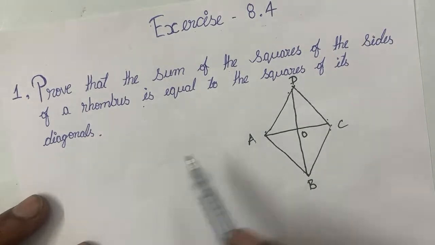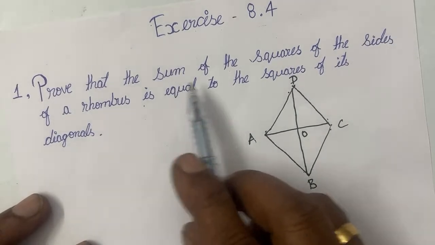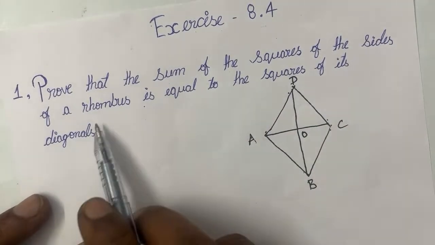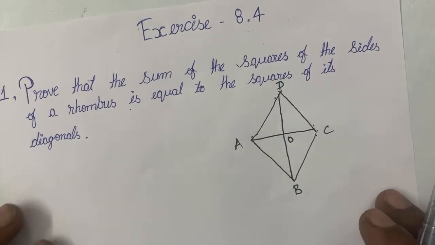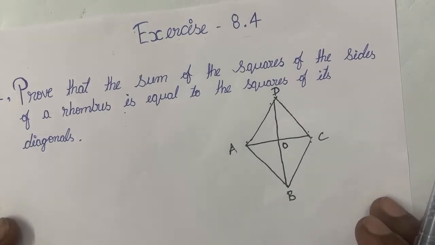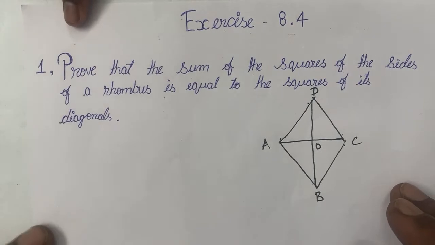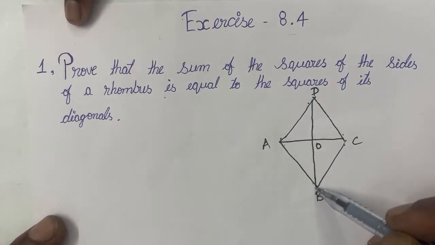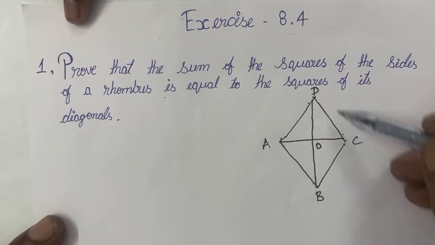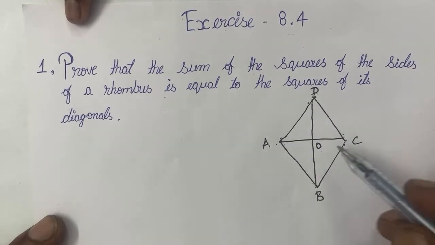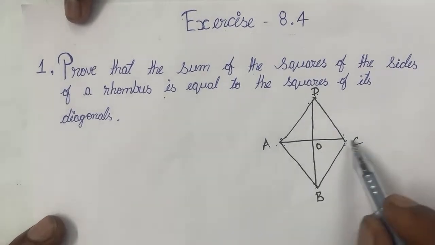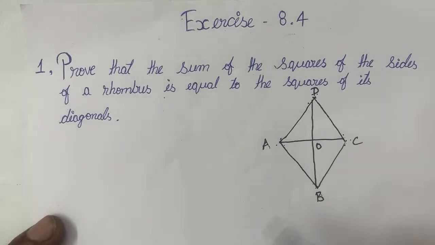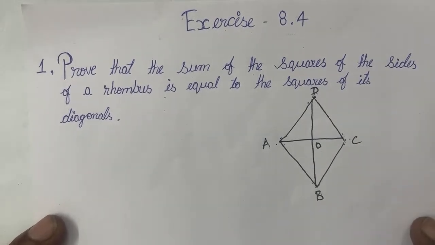That means once again I will repeat: the sum of the squares of the sides of a rhombus, that is AB square plus BC square plus CD square plus AD square, equals AC square plus BD square. This is what I want.